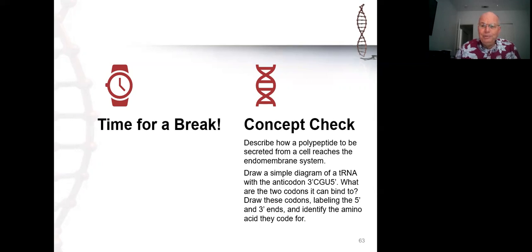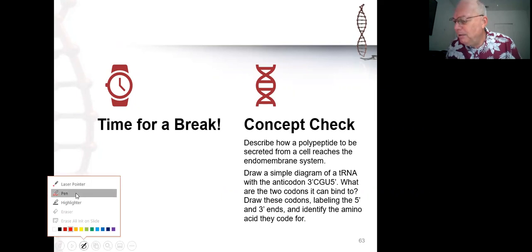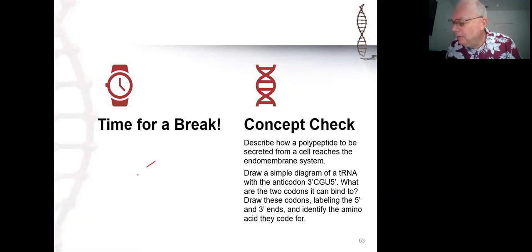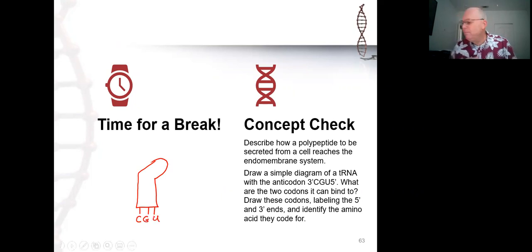So draw a simple diagram of a tRNA with an anticodon sequence of CGU. So if we use the textbook's example, let me bring up the pen. We could do it this way. And it would be 3' C, G, U. Now, if you look at the code table, I know the question says, what are the two codons it can bind to?